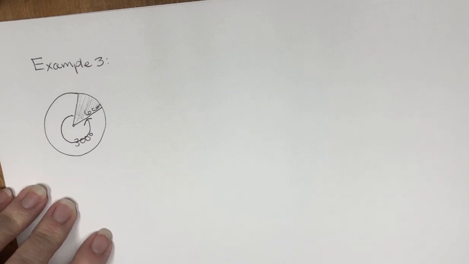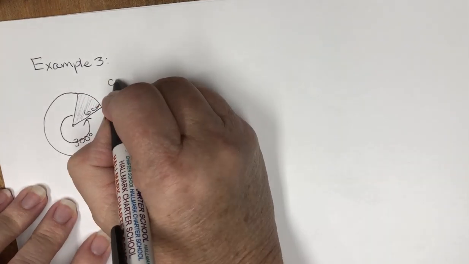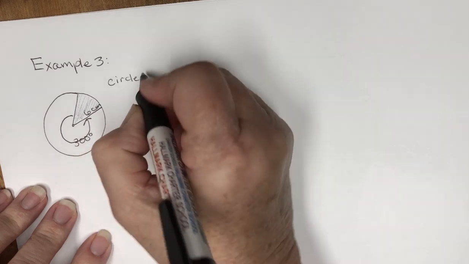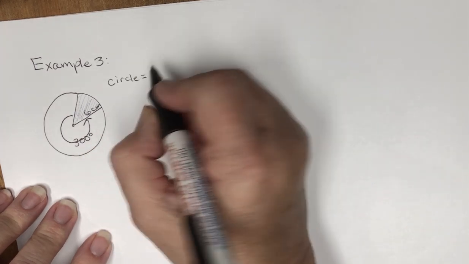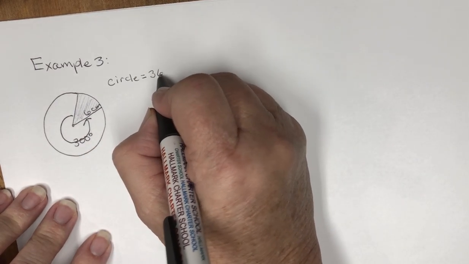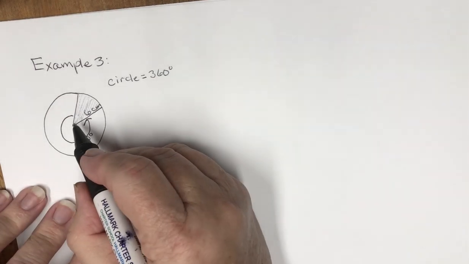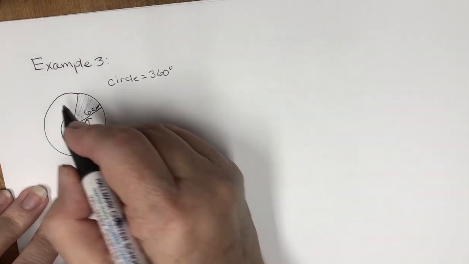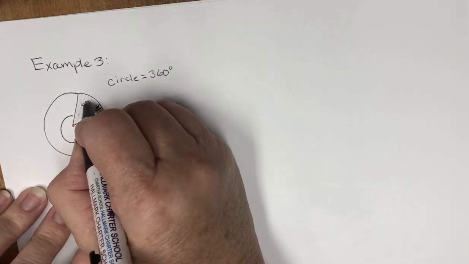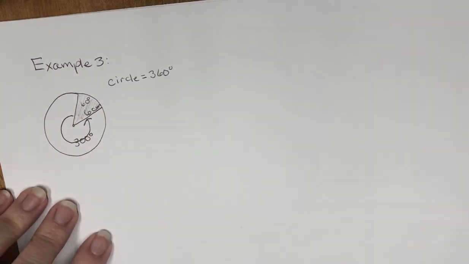So they want us to find the area of the shaded sector of the circle. All right, first question. How many degrees are in a complete circle? A circle is 360 degrees, right? And so we have 300 degrees here, and that tells us that what's left to complete the circle is 60 degrees.